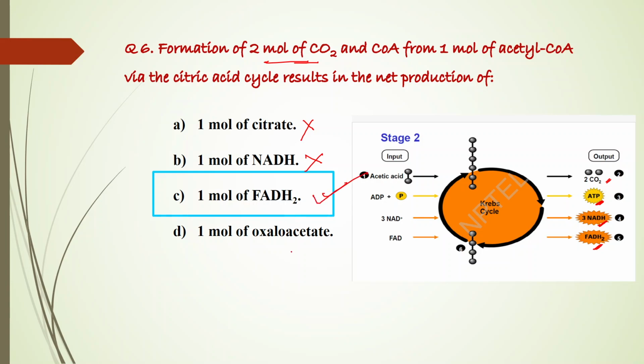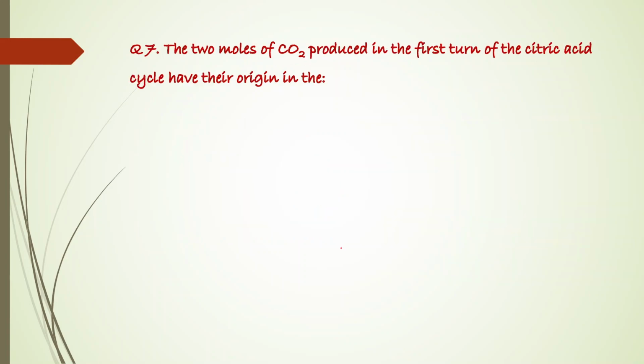And the last one, 1 mole of oxaloacetate. Obviously this is not an end product, so this is also not found in the output products. So the only correct option was option number C. So this is clear. Let us move to the next one.